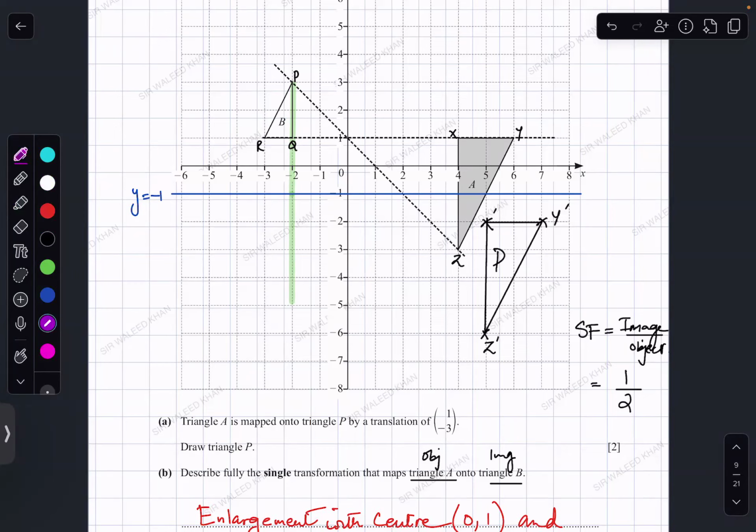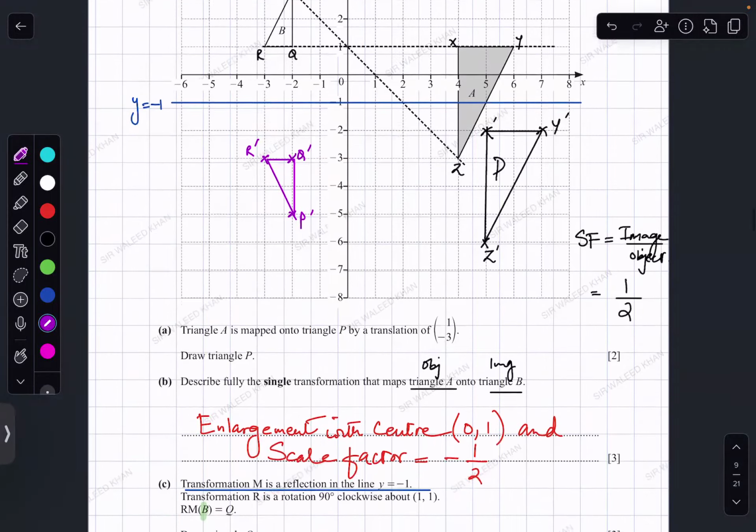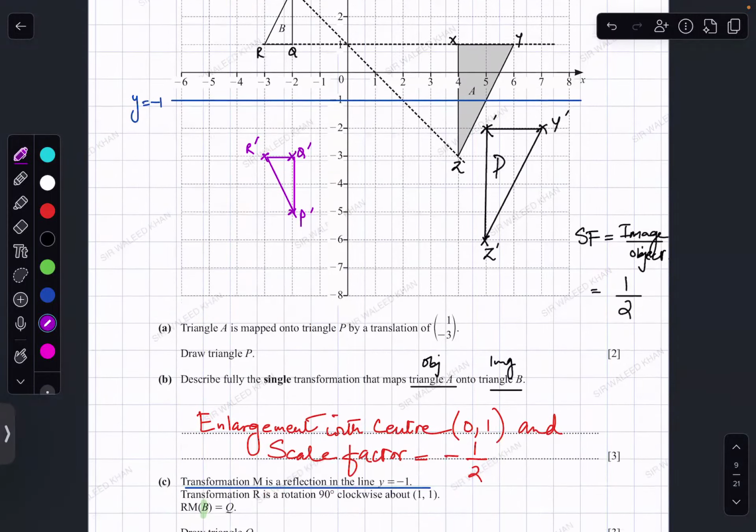Then for Q prime, it is 2 boxes. Then R prime, 2 boxes. This is how you reflected triangle B in the line y is equal to -1. That is your reflection.